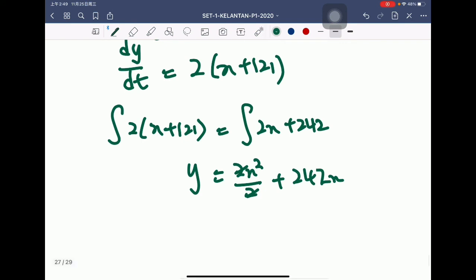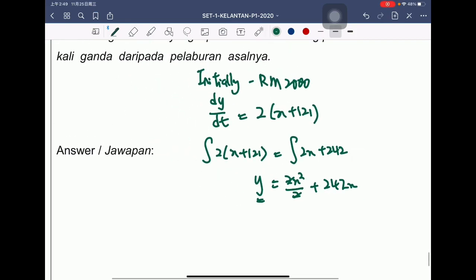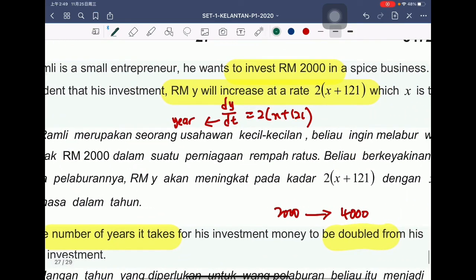So what is y here? What does y mean in this equation? Yes, y is the RM y. y is the change of the money, from the initial to the final. So from the initial 2,000 ringgit to become 4,000 ringgit, how much amount of money must increase? Yes, we have increased 2,000 ringgit.